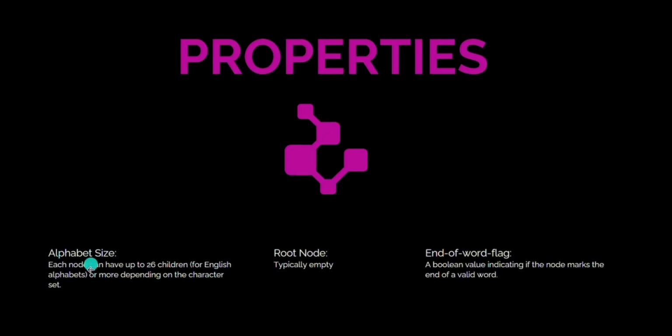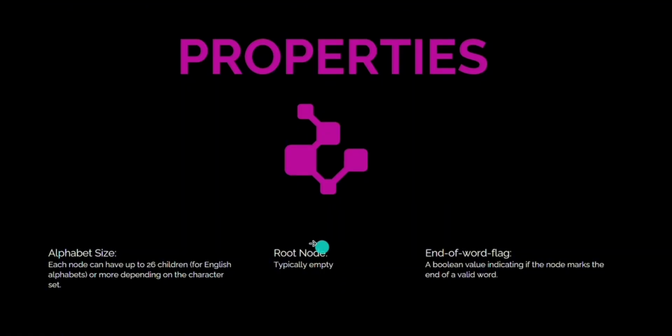If your character set is the English alphabet, A to Z, 26 characters, a node can have up to 26 children, and all those 26 nodes can also have up to 26 children. But it depends on the character set. You can also add other sets like digits, but English alphabet characters are more common.